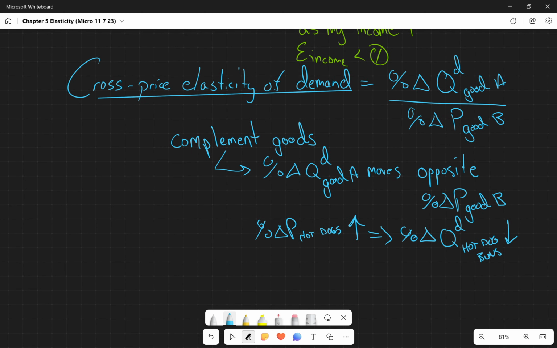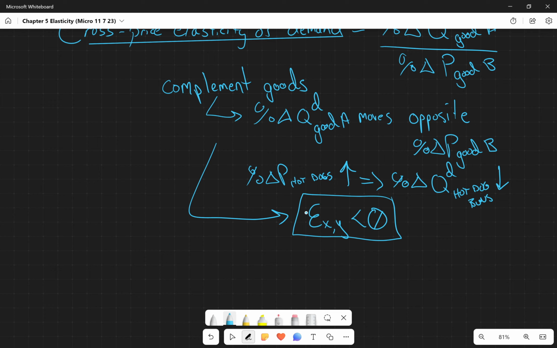And so complementary goods are going to have cross price elasticity, which you will see as E of XY. They're going to have cross price elasticities that are less than 0 to show this inverted relationship. So complementary goods have negative cross price elasticities.